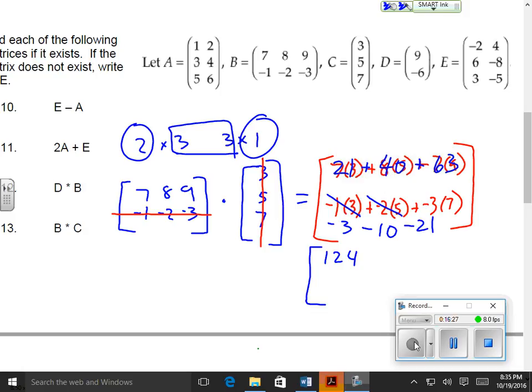So that's going to be negative 13 minus 21, which would be negative 34. We'll check that on our calculator. Calculator confirms that those are correct.